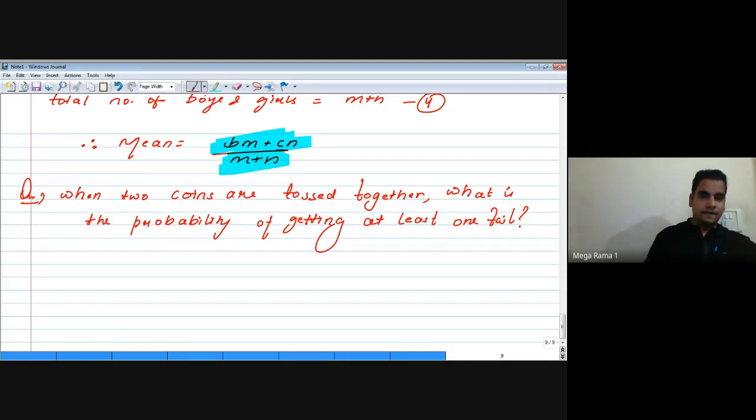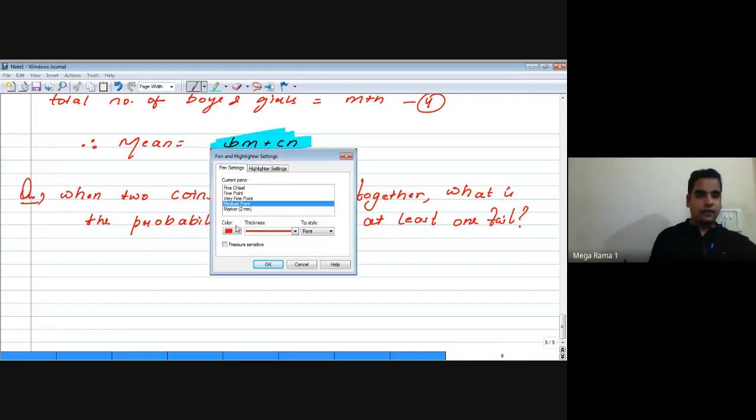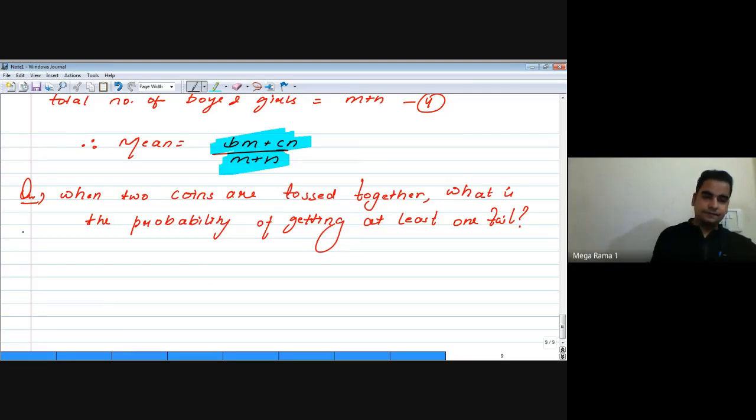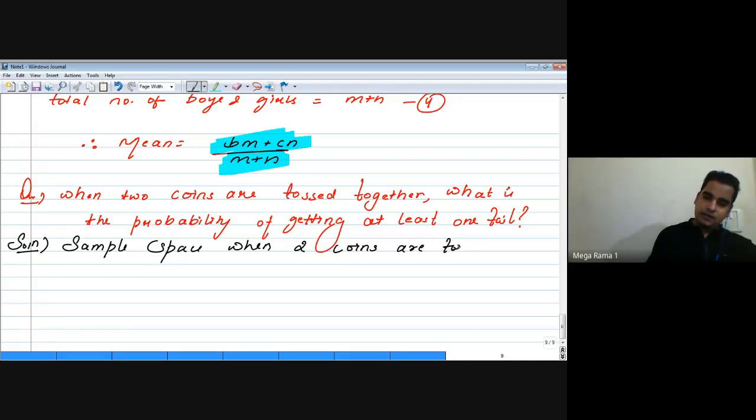See, when two coins are tossed together or after one another, the total outcome is the same.